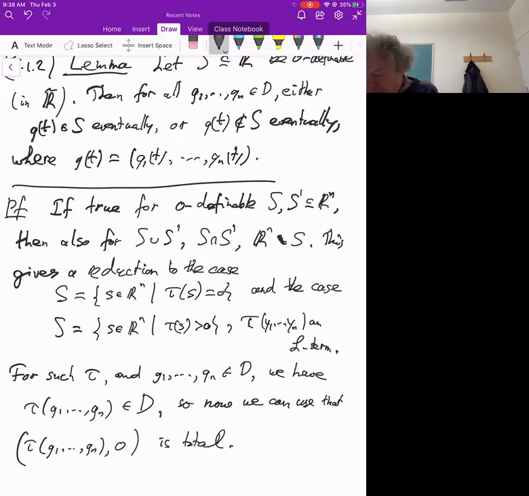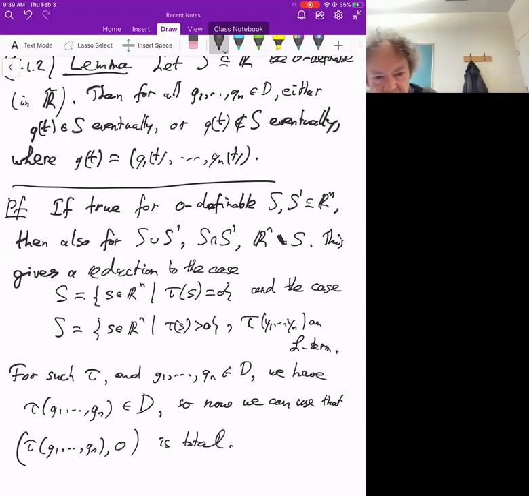In other words, tau(g1, up to gn) evaluated at t is eventually greater than 0, or eventually 0, or eventually less than 0. And so if it's eventually greater than 0, that means that g(t) will be eventually in this S, in the first S that I mentioned.